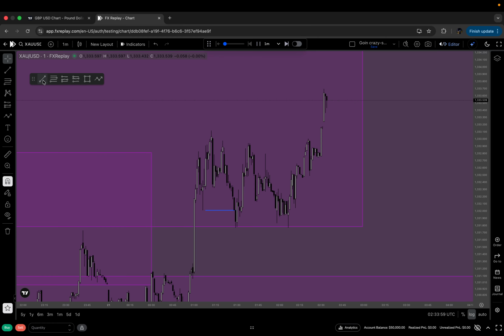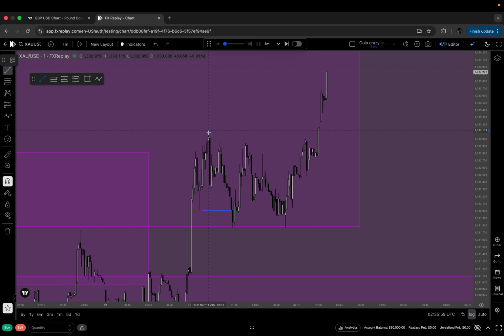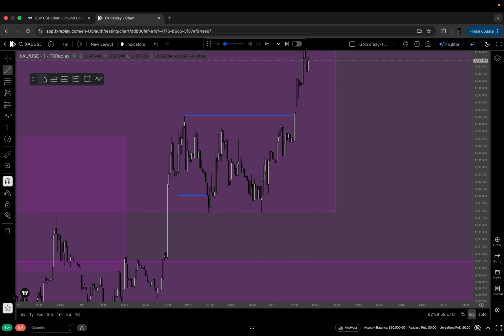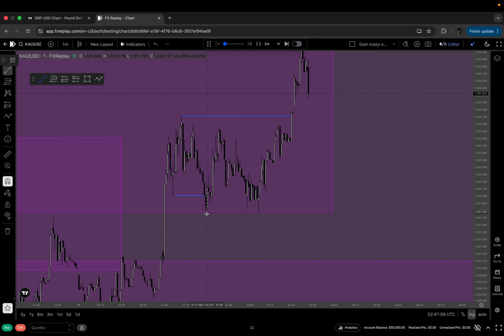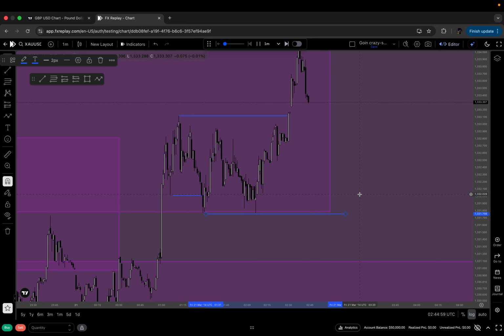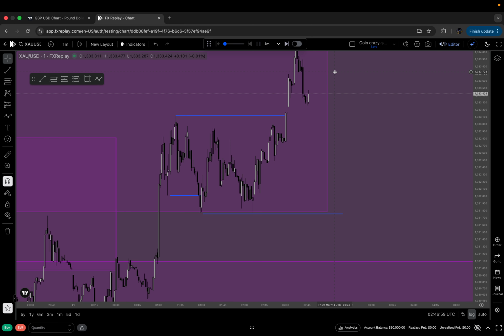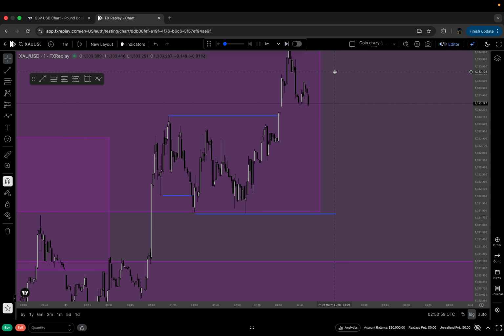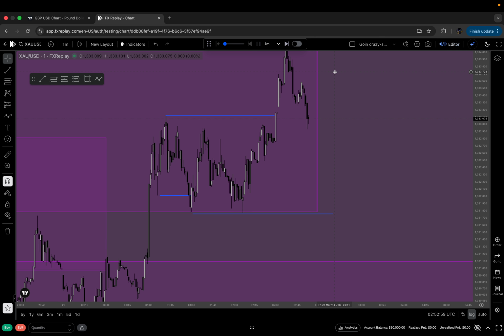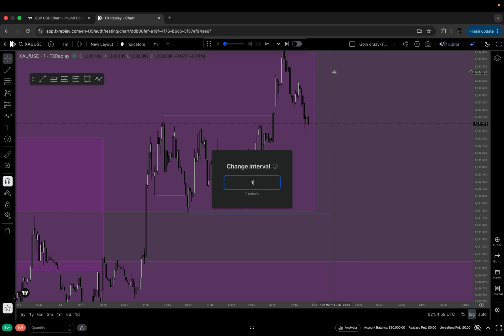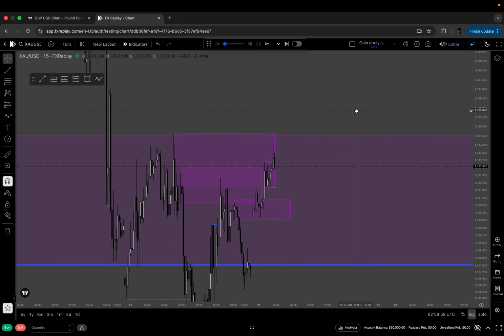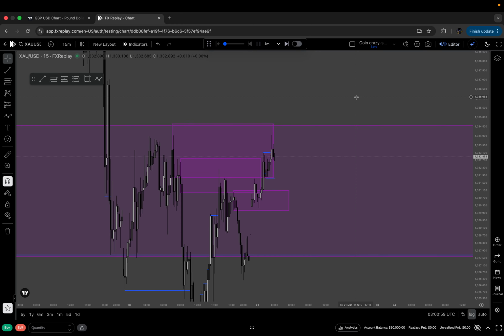That's all right. See to break below these lows. 15-minute external still bearish. We've just flipped on the internal side.